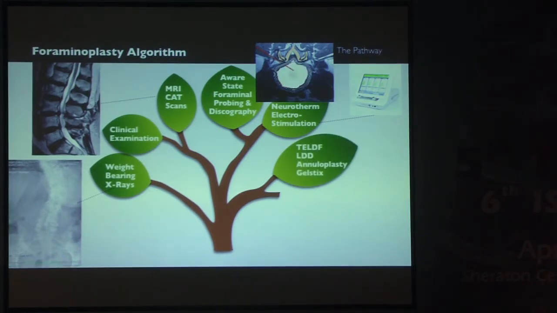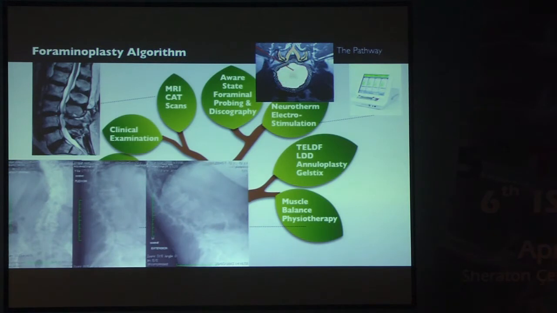So we treat them with a combination of foraminoplasty, laser discectomy, annuloplasty, and gel sticks. But importantly, this is followed up by quite an intense program of muscle balance physiotherapy, as we saw earlier today.